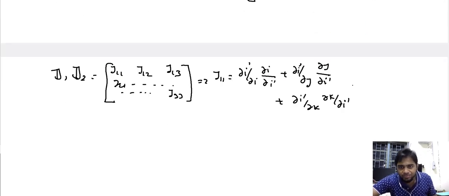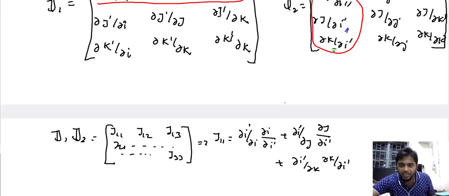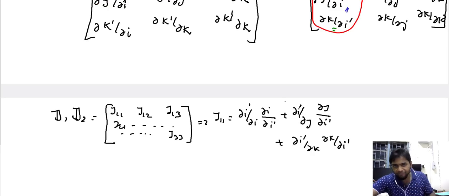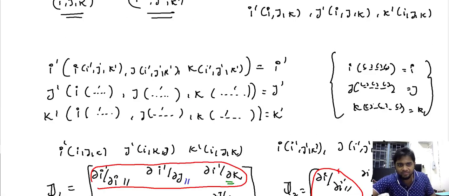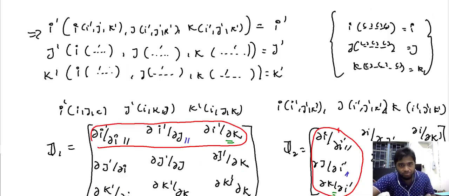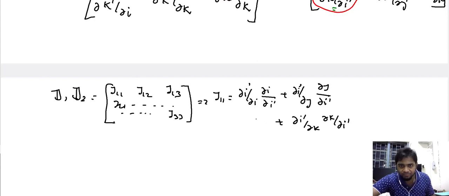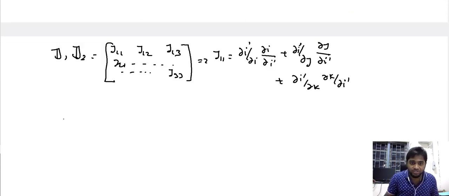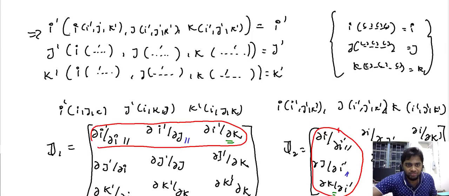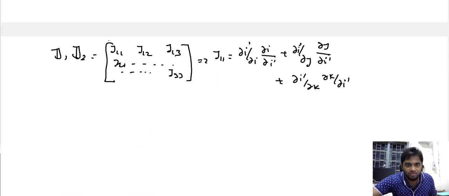Now this expression J11 can also be arrived at by considering this term here. From this equation, it is possible for us to estimate this first element. So the expression that we are looking into is this one.